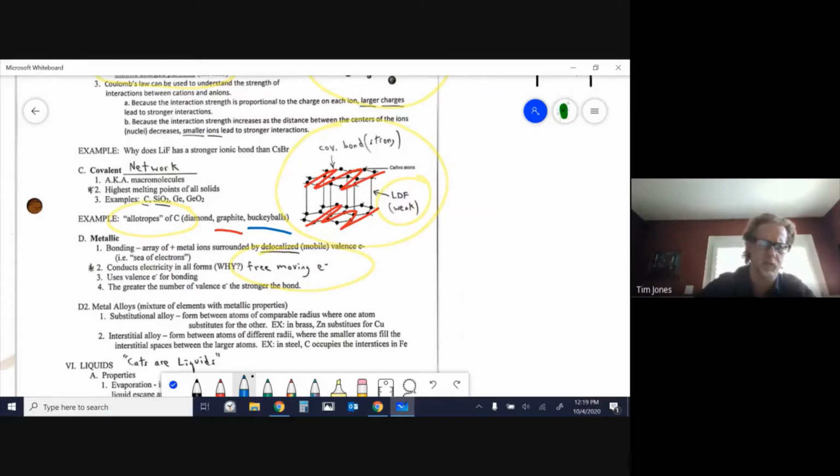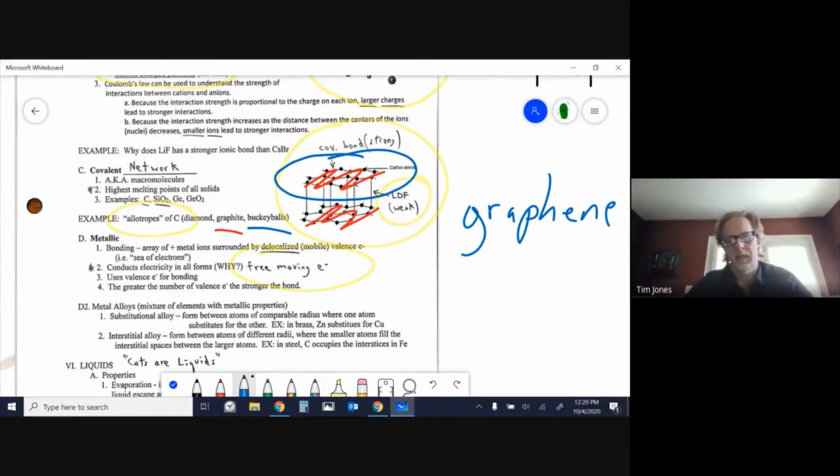Some people say there's a 4th allotrope called graphene. It is just a single sheet of graphite, so it would be taking just the one sheet. It is said to be as close as we can get to a 2-dimensional object.